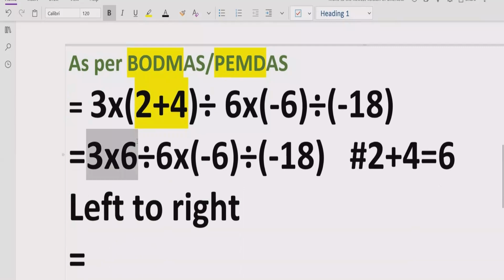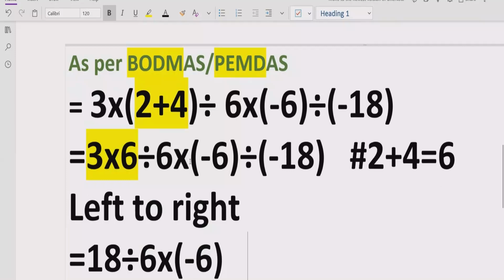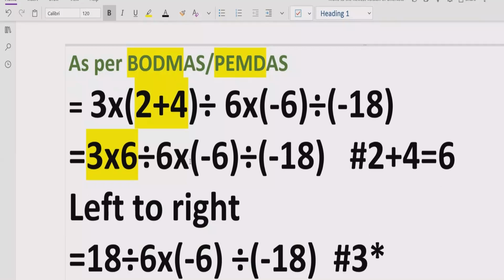So first we have 3 multiplied by 6. We will multiply both of them and the answer is 18, divided by 6 multiplied by minus 6 and again divided by minus 18. And here we have to give the reference: 3 multiplied by 6 equals 18. Now we have solved this multiplication.